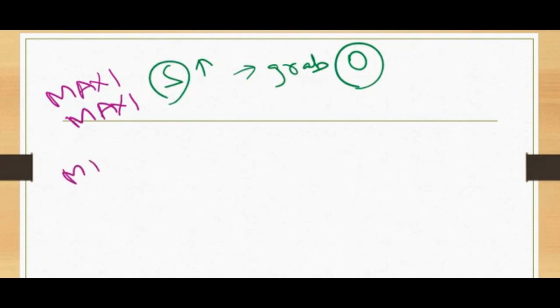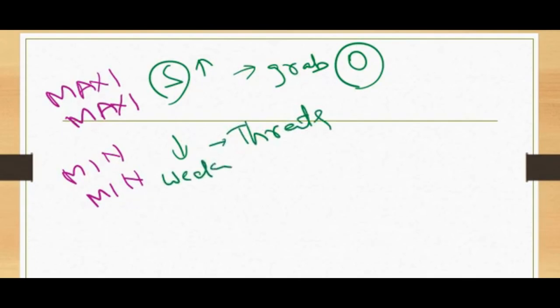What is the mini strategy? Due to threats, you might lose out because of your weaknesses. So you need to minimize these weaknesses so that you are not losing out because of threats.